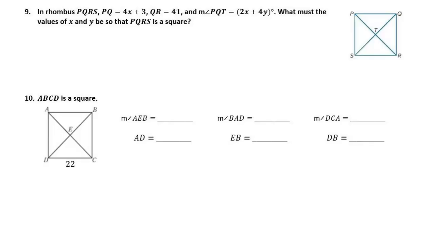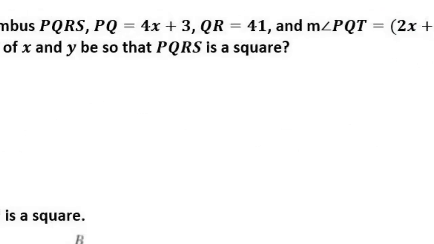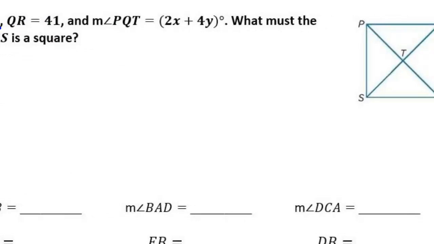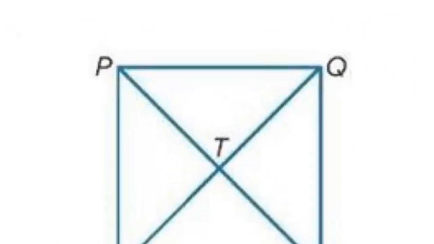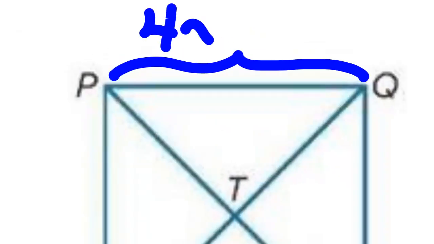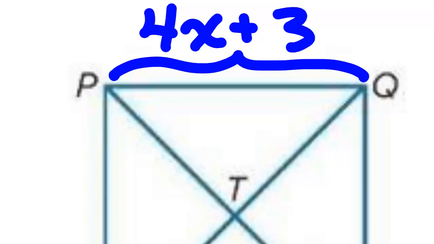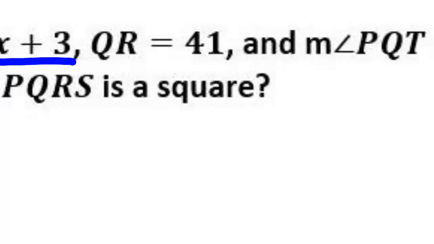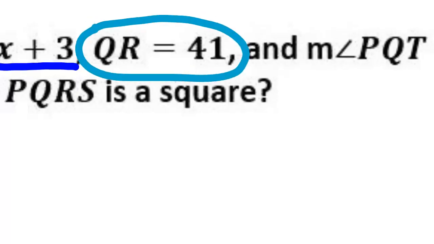What must be the values of x and y so that PQRS is a square? All right, so PQ is 4x plus 3, and QR is 41.